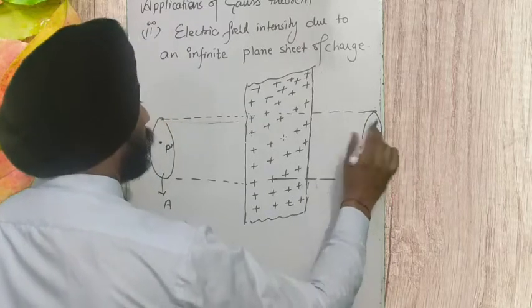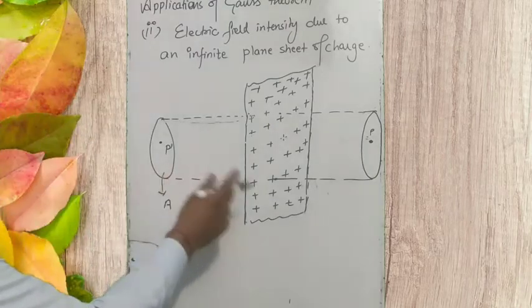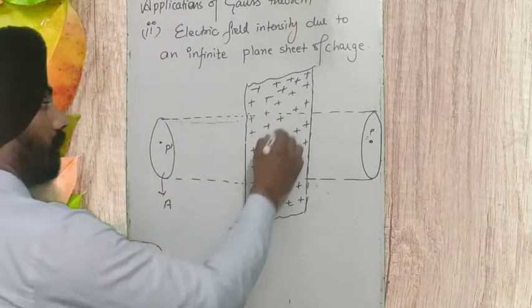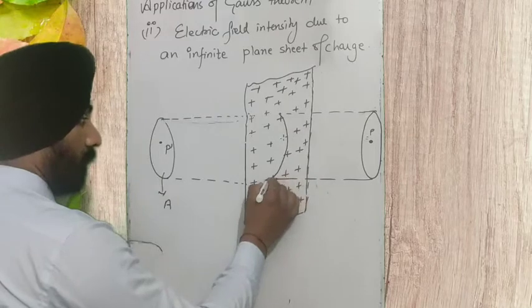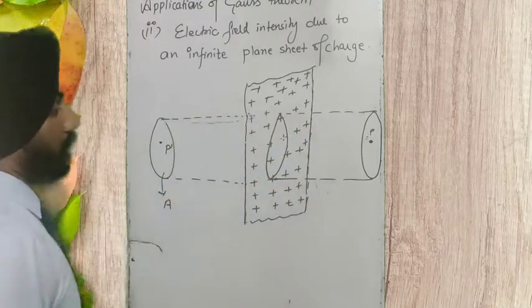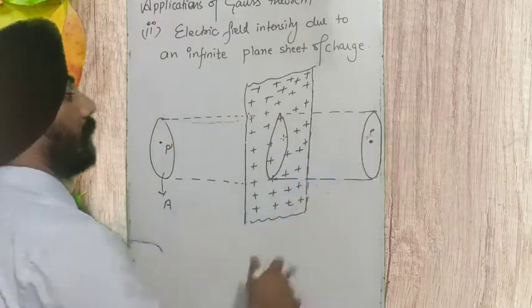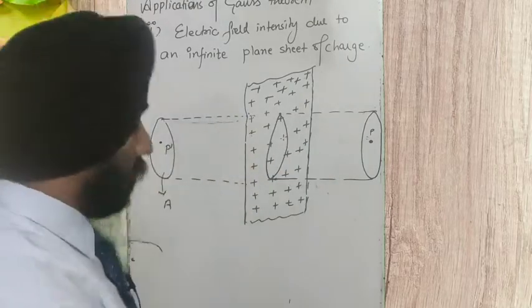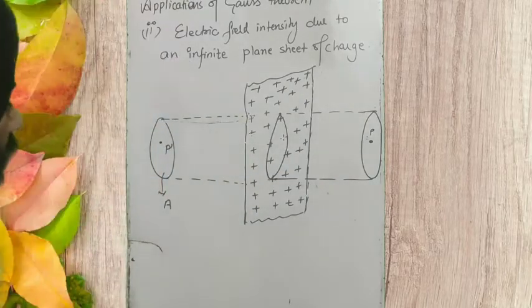The area of cross section at point P is A, and this is the area of cross section A at point P dash on the other side.